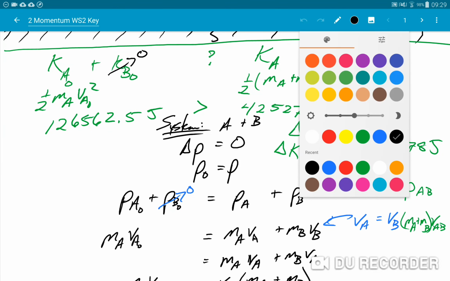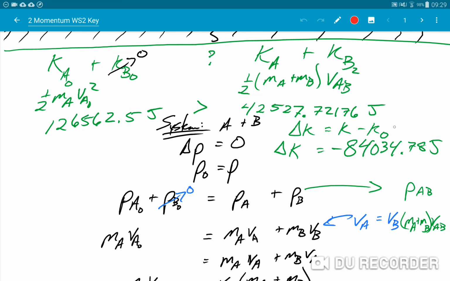And when we have some sort of change in kinetic energy, we know that the collision is somewhat inelastic. Now, the amount of kinetic energy lost tells us how elastic versus inelastic it is. This is actually a continuum.